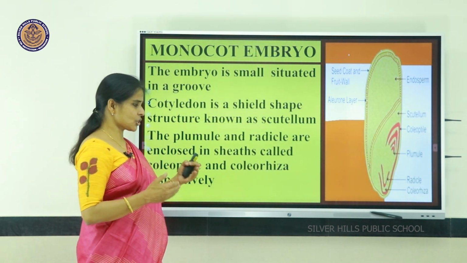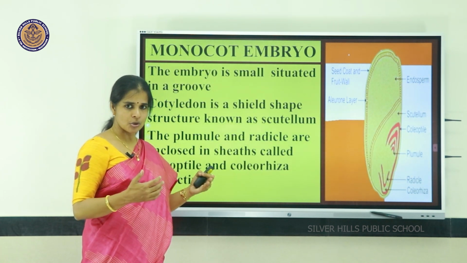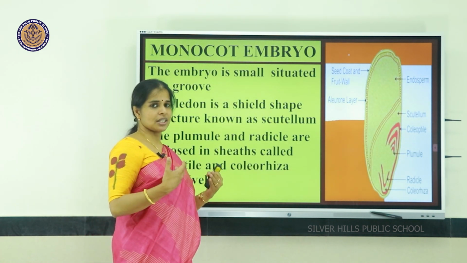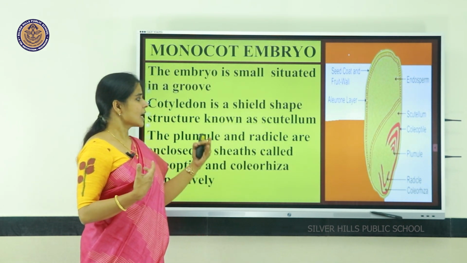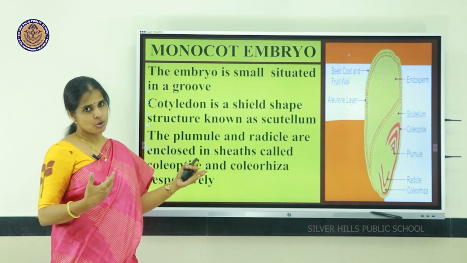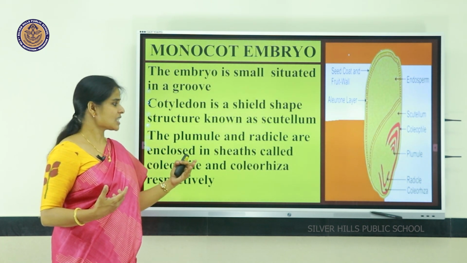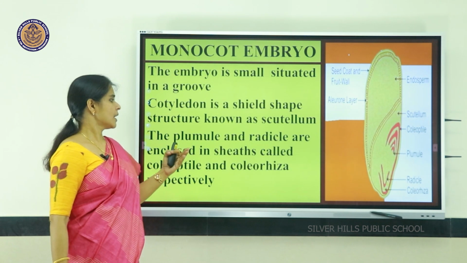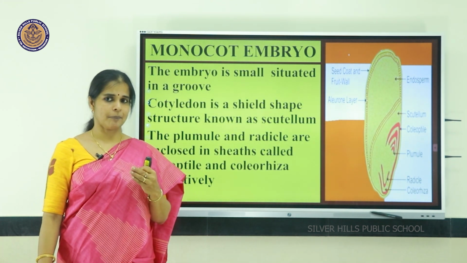So, root and shoot develop from the radicle and plumule, which are again protected by sheaths known as coleoptile for the plumule and coleorhiza for the root. Coleorhiza is for the radicle, from which the roots develop.